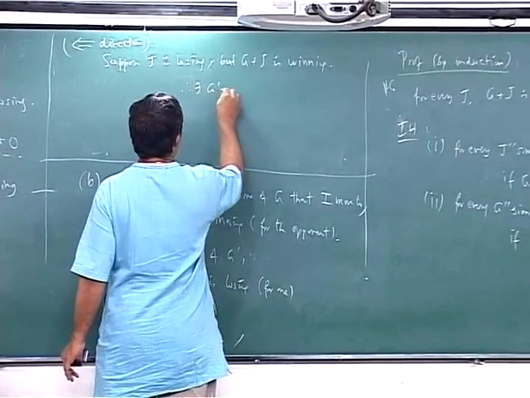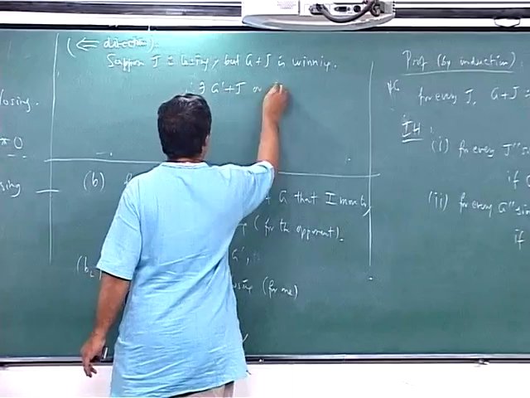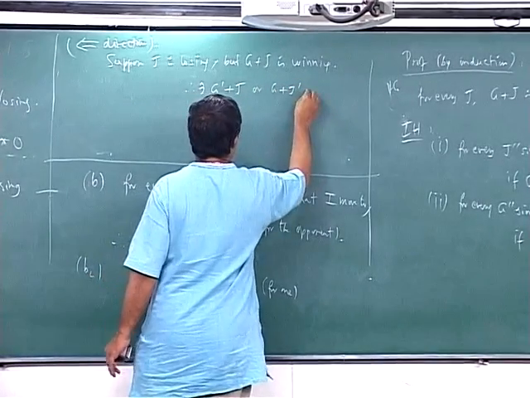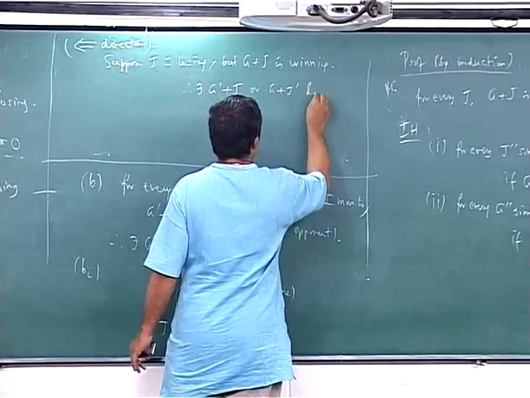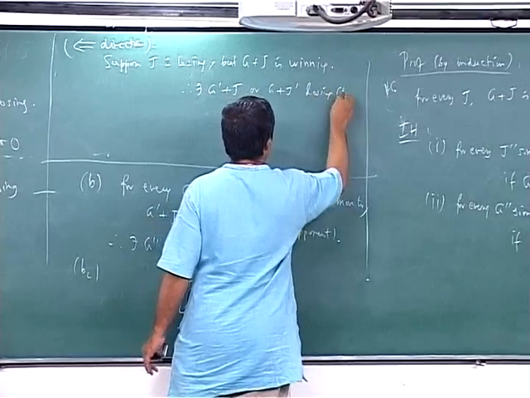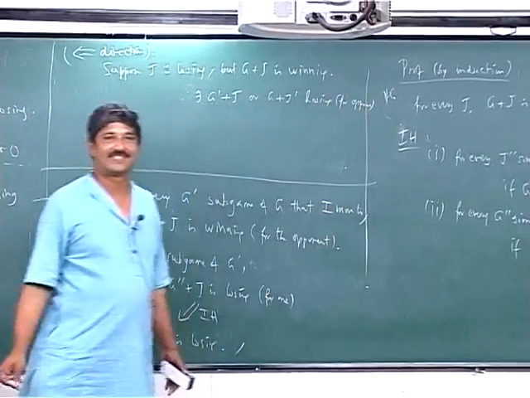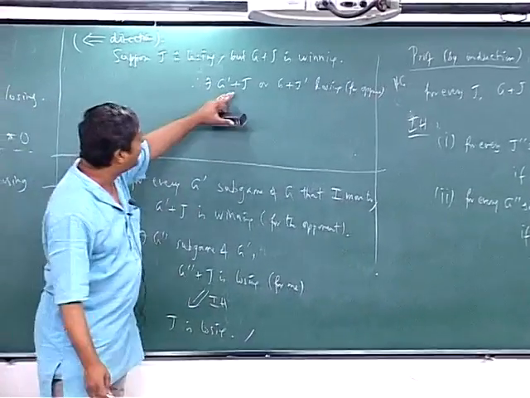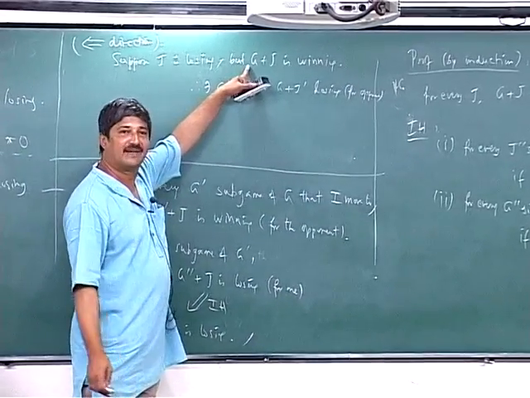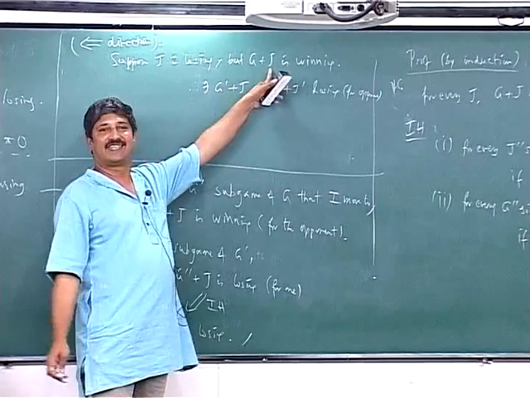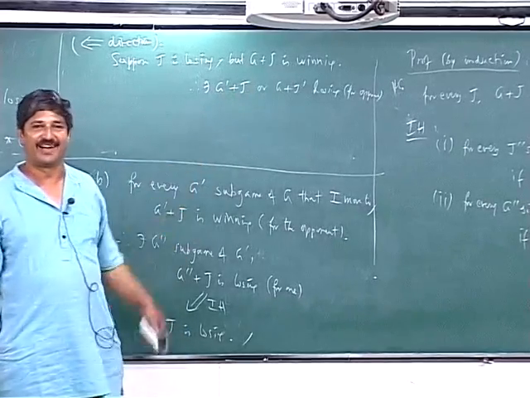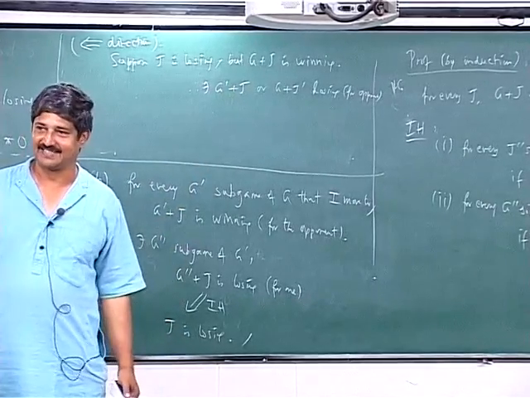There exists G prime plus J or G plus J prime losing for the opponent, where G prime is a subgame of G, J prime is a subgame of J, etc. I hope you pardon me for this.